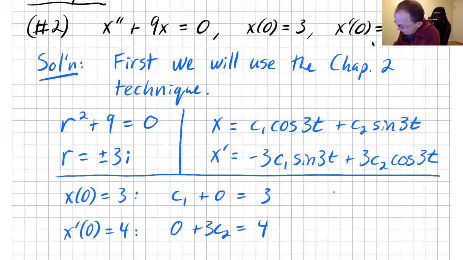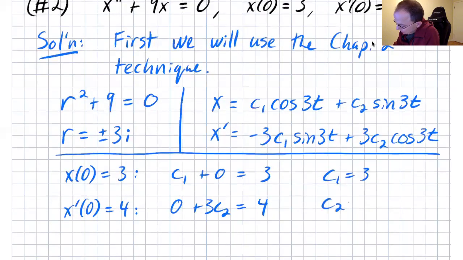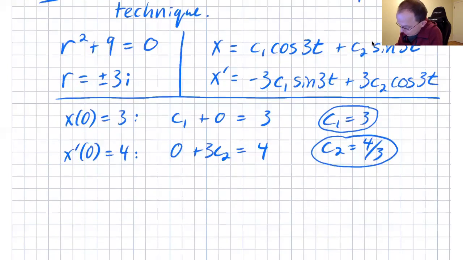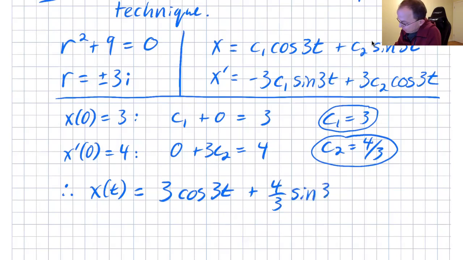So we get that c1 is equal to 3 and c2 is equal to 4 over 3. And so therefore, the solution is 3 cosine 3t plus 4/3 sine 3t.